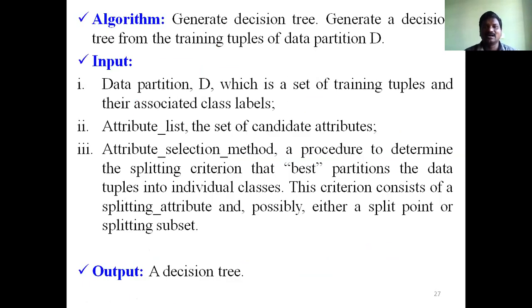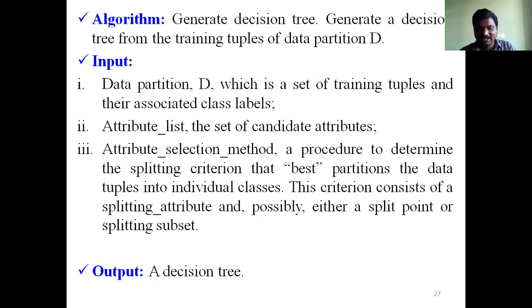Here you have an algorithm. Each and every algorithm consists of input data. For the input data, I am taking the data set, attribute list, and attribute selection method. The attribute selection method is either Gini index, gain ratio, or information gain.